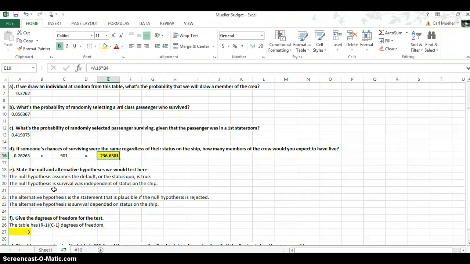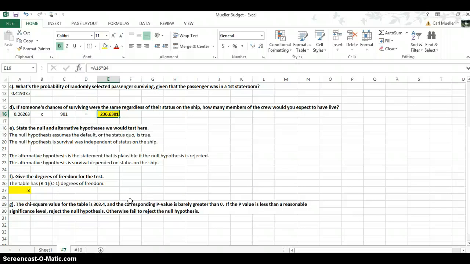That means that if you were in first class, you were not more or less likely to have survived. That's the null, the status quo. The alternative is that they are dependent, which means that if you are a first-class passenger, there is an increased likelihood that you survived. Just based on this data, that's what the hypotheses are.